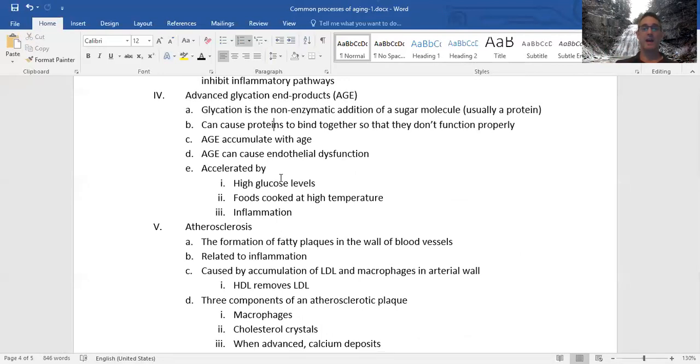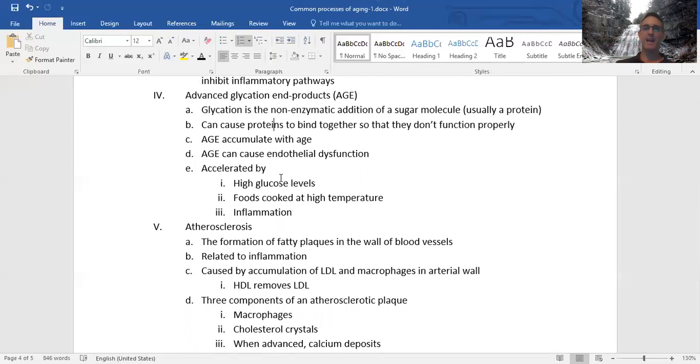You can have a glycolipid, you can have a glycoprotein, you have proteoglycans. You get the idea that we add sugars to other molecules all the time as part of their structure. And when we do that normally using an enzyme, and that's a normal process, that's referred to as glycosylation. So we have glycosylated proteins and so forth.